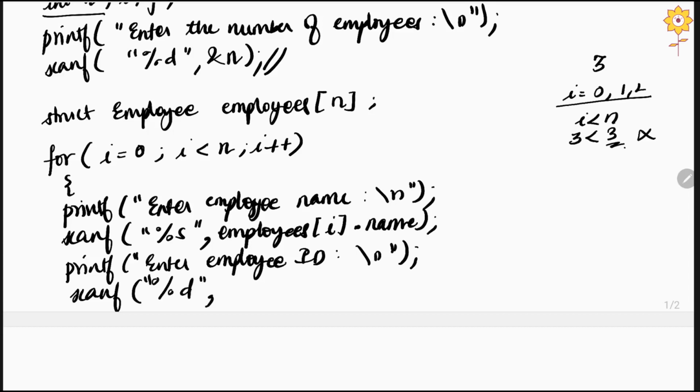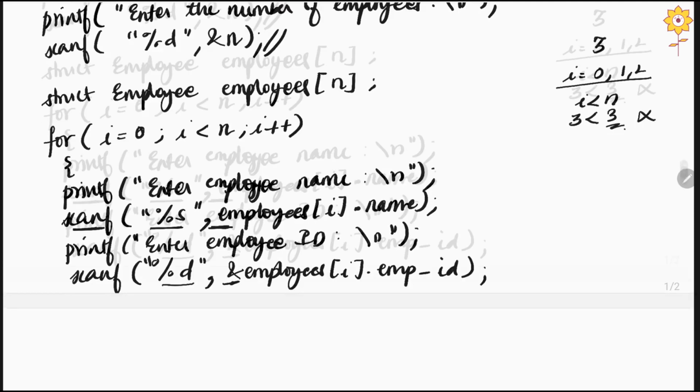Then you will write ampersand employees i dot whatever is the variable that you have created for employee ID in the structure. One thing to observe is we are not writing ampersand here in scanf when we are using strings. When using decimal numbers or integer numbers, we have to use ampersand. So, that is what we are doing.